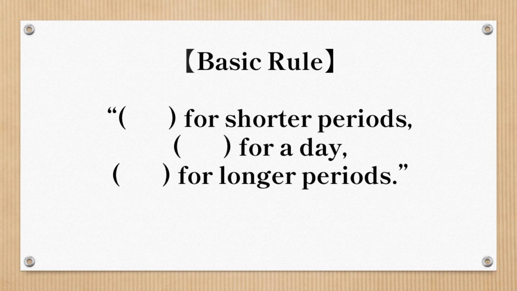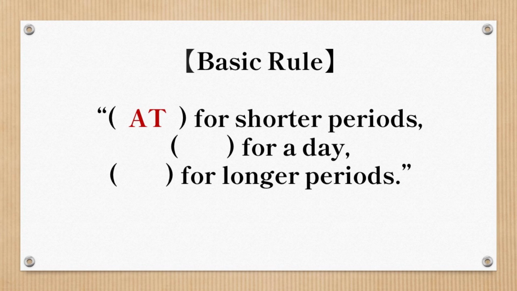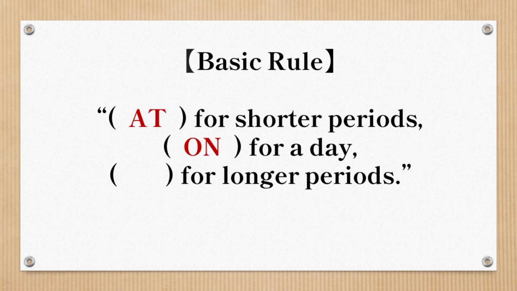Now let's make a final review. Fill in each blank to complete the basic rule. What is used for shorter periods? At. For shorter periods. What is used for a day? On. For a day. What is used for longer periods?